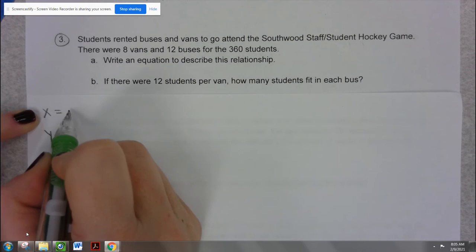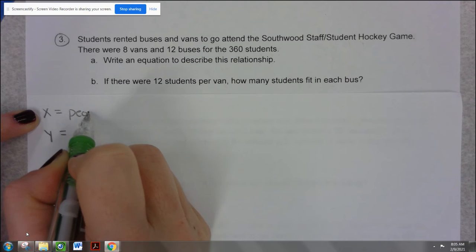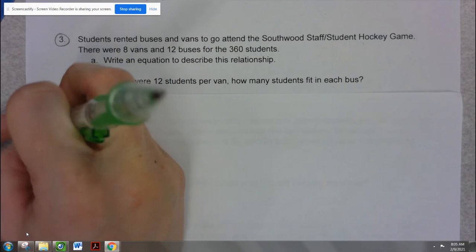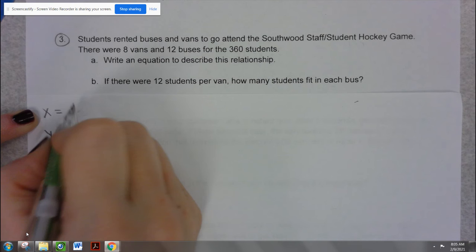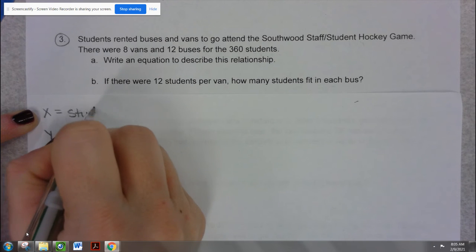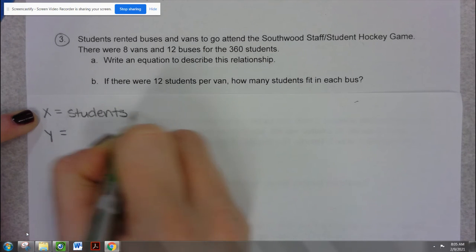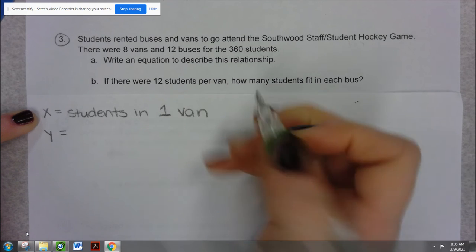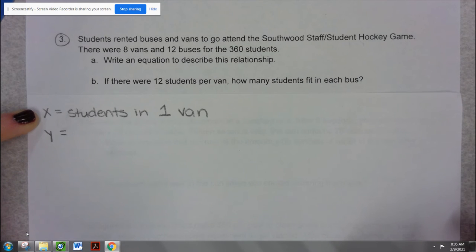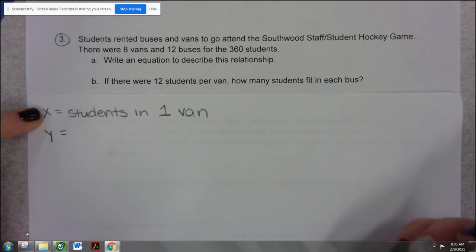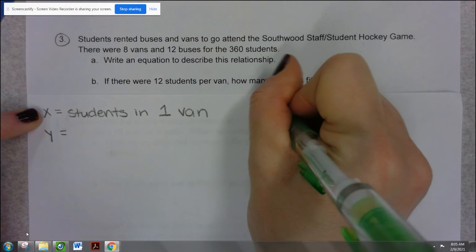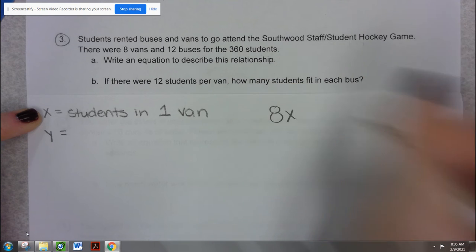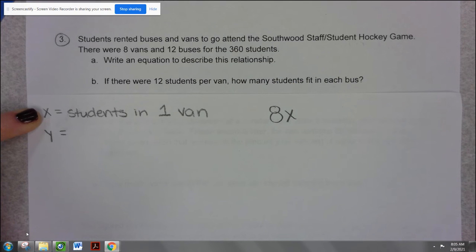So for X, excuse me, this is only students. This isn't staff. Students in one van is what I'm going to use to represent X. So if X is the number of students in one van, I know 8X would be the number of students in all 8 vans together.